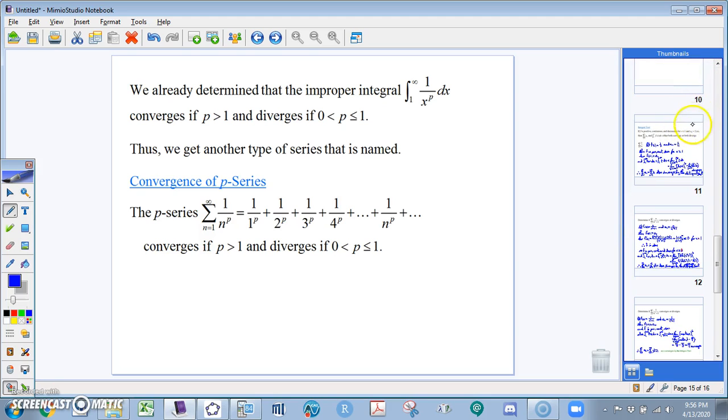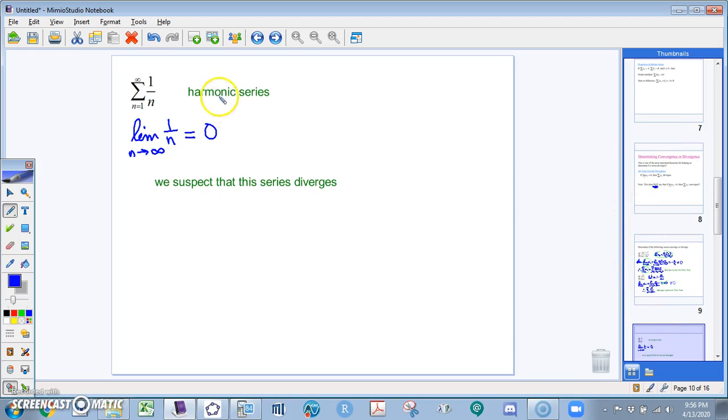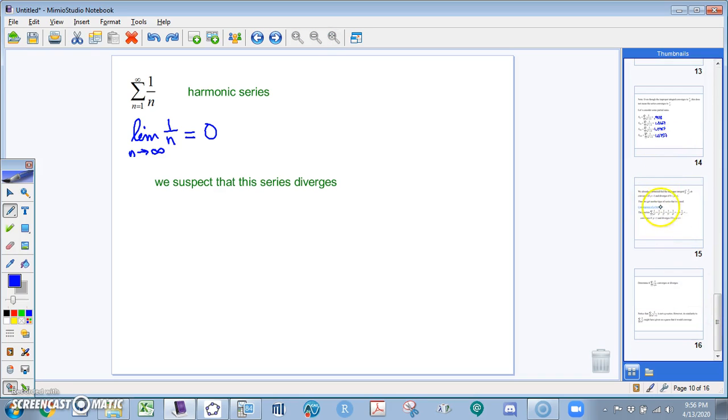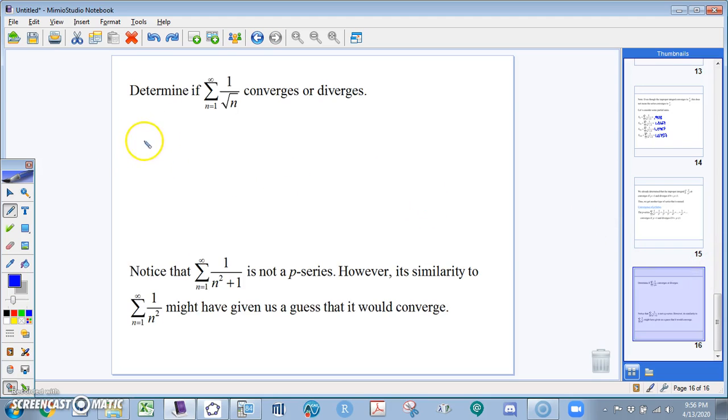So that, in a lot of ways, now answers our question back over here about the harmonic series. That is a p-series where p is equal to 1. And if p is less than or equal to 1, that is going to diverge, and this becomes kind of like geometric series. It becomes one where we get to just write an answer almost immediately. So over here we would say, does this converge or diverge?